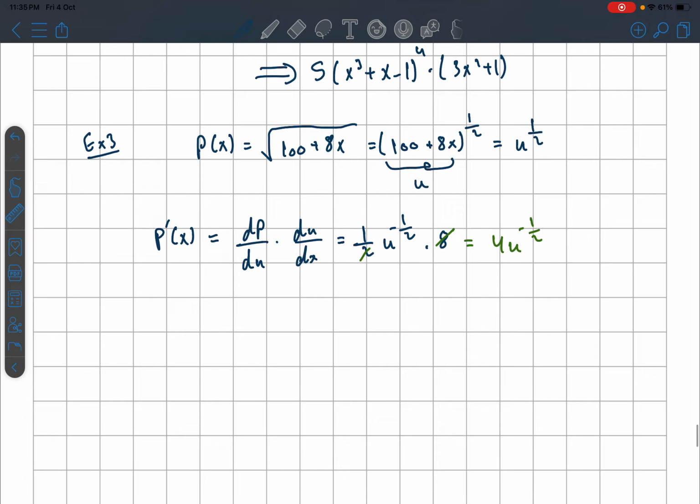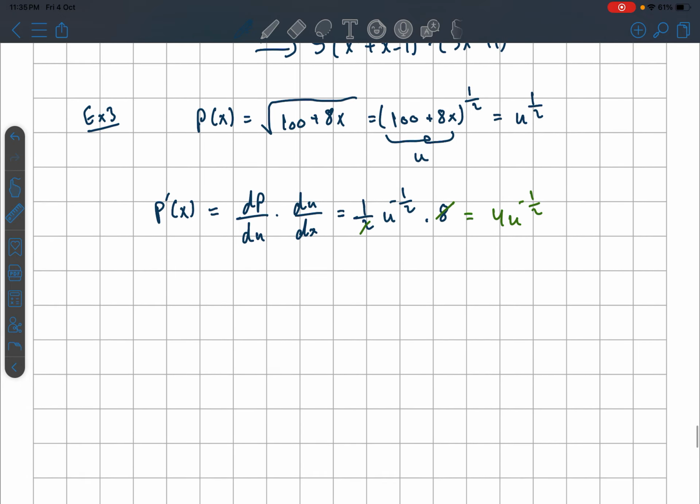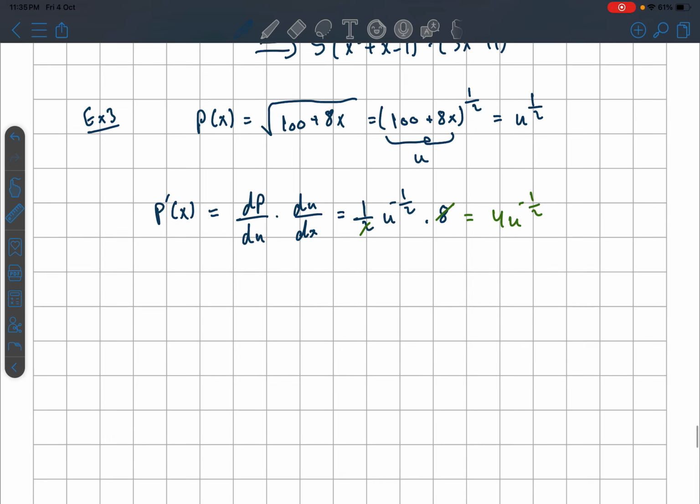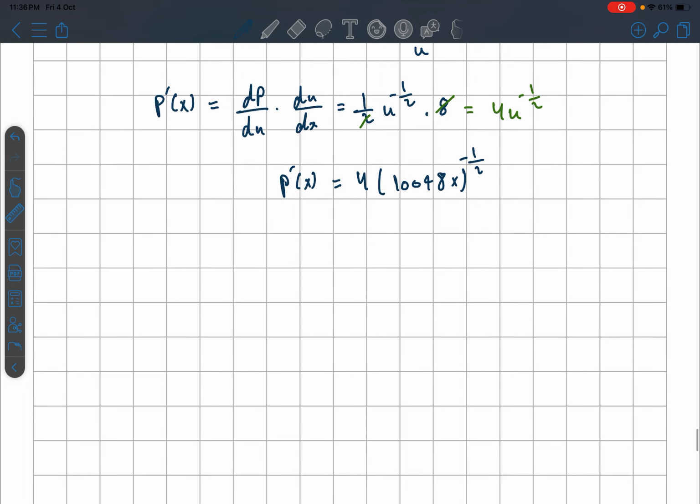And we have to replace u by the function 100 plus 8x. So h prime of x will be 4 times (100 plus 8x) to the power of negative half.